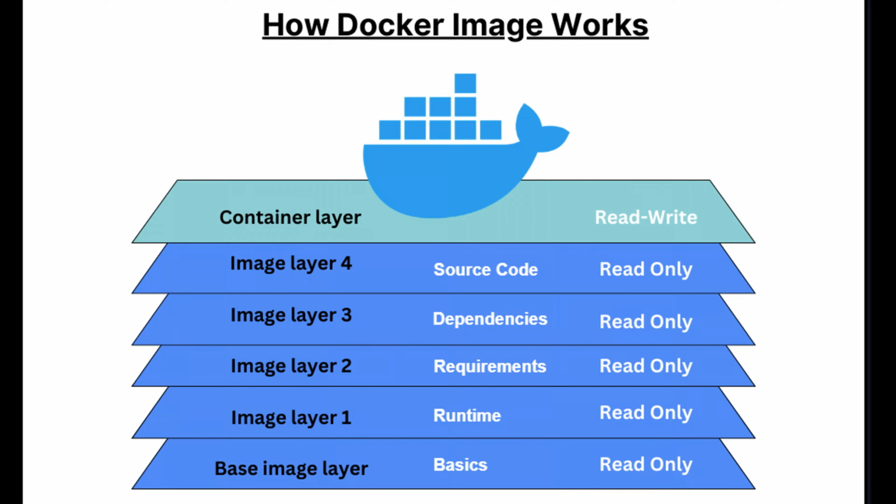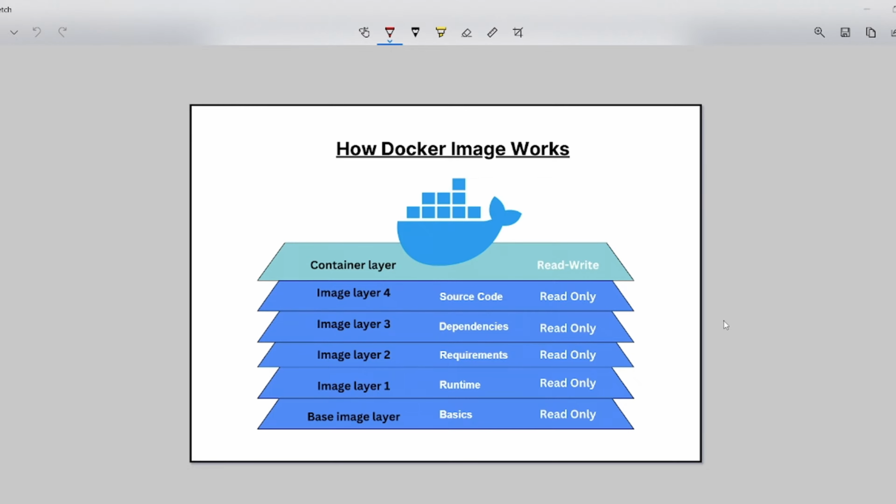A container image is a standardized package that includes all of the files, binaries, libraries, and configurations to run a container. Here you can see in this image we have different layers containing different kinds of material. At layer 4 we have source code, whatever application we are going to work with. At layer number 3, all the dependencies.